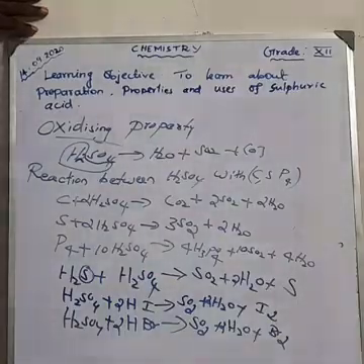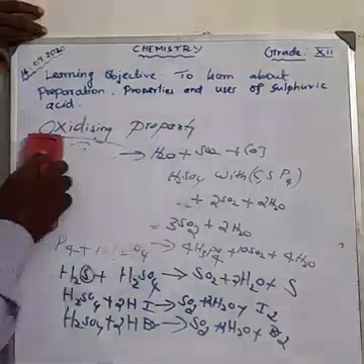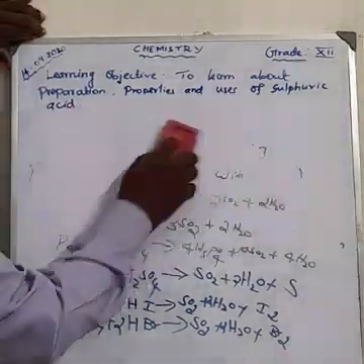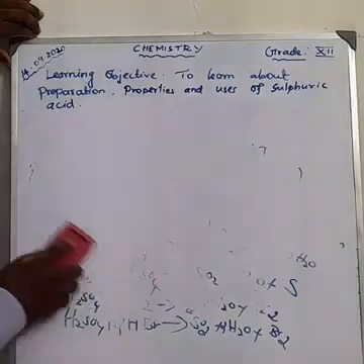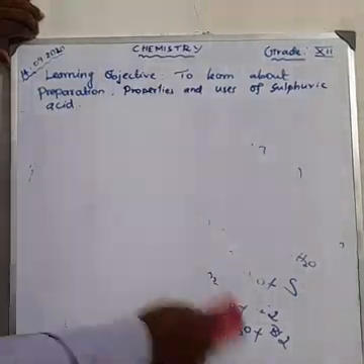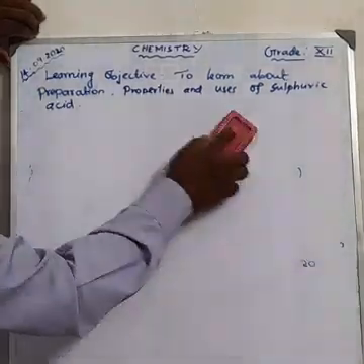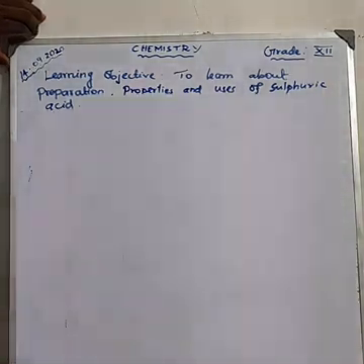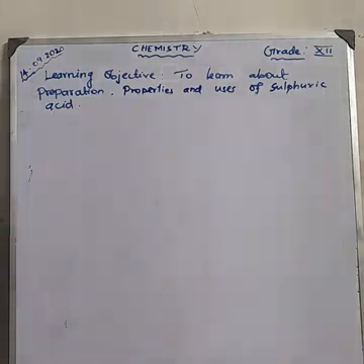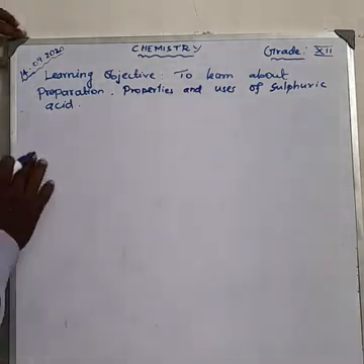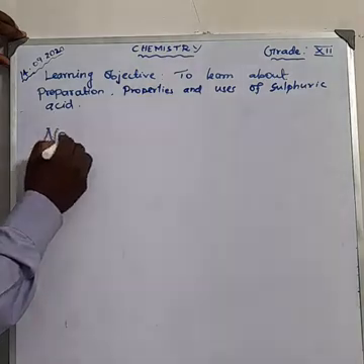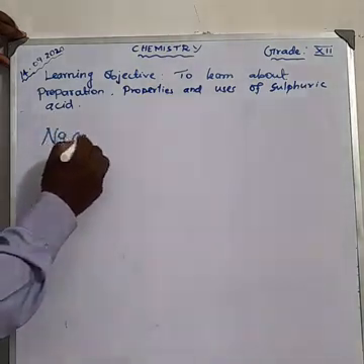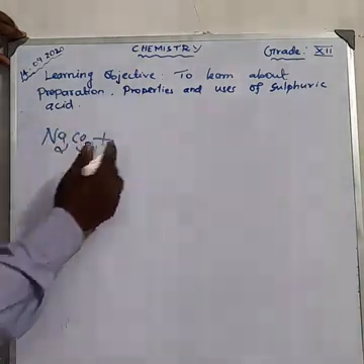Next, the reaction between sodium carbonate and sulfuric acid. What is the formula for sodium carbonate? Na2CO3. We get sodium sulfate, carbon dioxide and water. Sodium carbonate reacts with sulfuric acid.